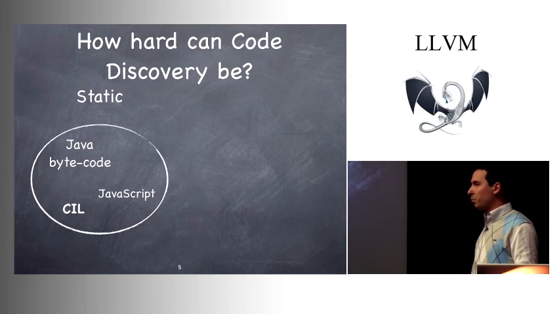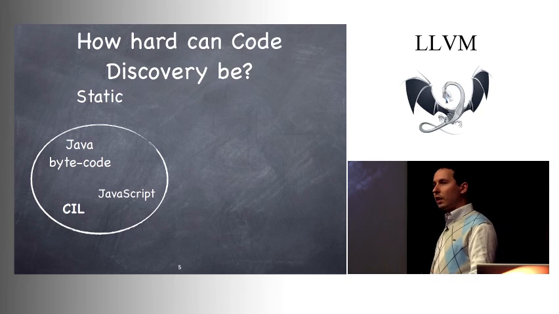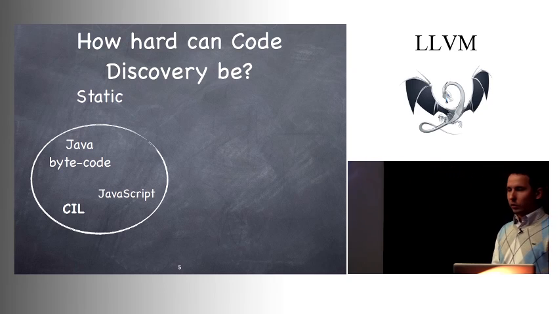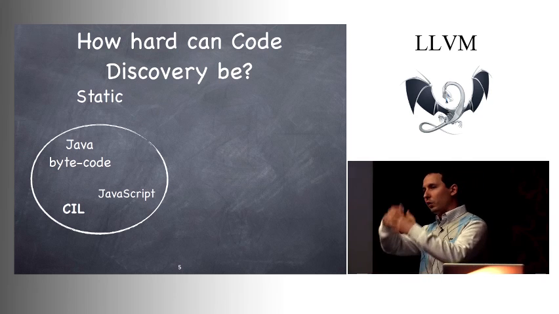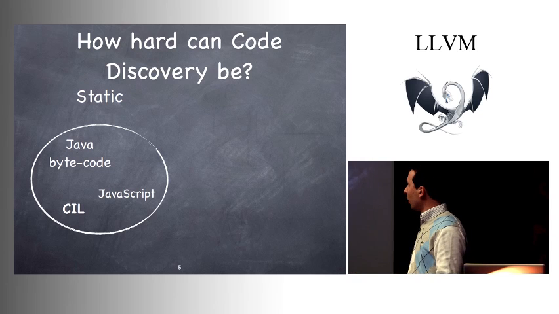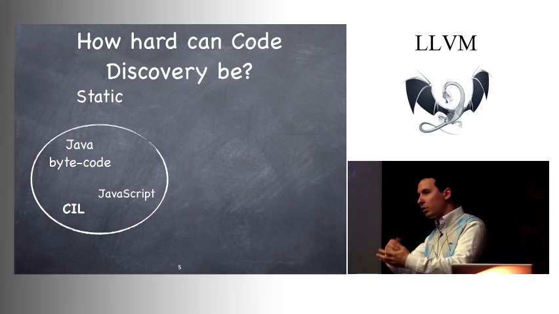For these kinds of program representations, you can even statically, ahead of time, precompile your target program. So there's really no difficulty to discover, let's say, a control flow graph.